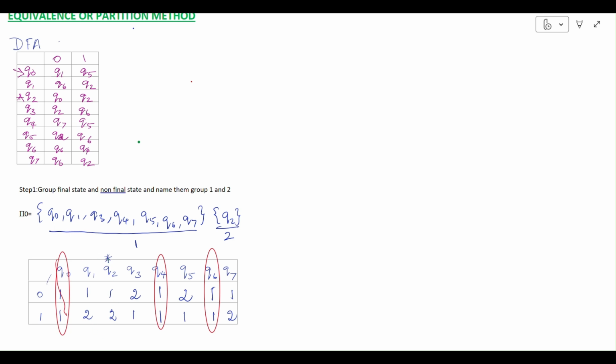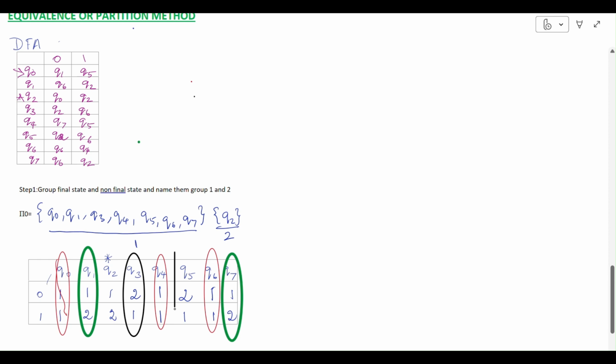Q2 you cannot take into consideration because it is the final state which is separated already. Here Q1 goes to group 1 and 2, and Q7 also, so mark these as a separate group. And the remaining group is Q3 and Q5.